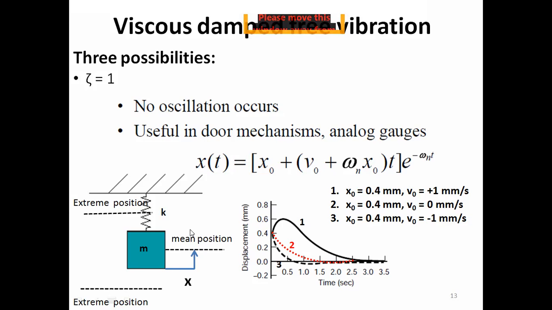Let's say the mass is moving in that direction, we are taking this as positive. So x naught is 0.4 mm. What is the displacement at the mean or equilibrium position? 0. So since the initial displacement is 0.4 millimeter, it means that the mass is not at the equilibrium position.